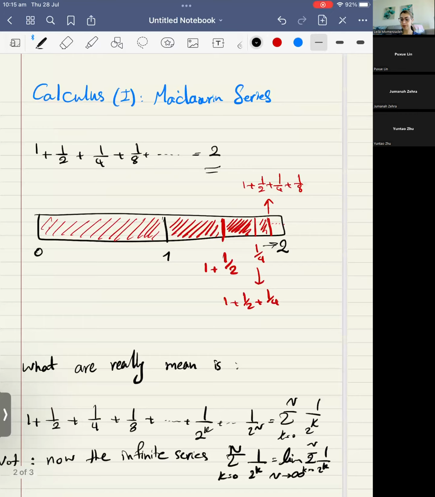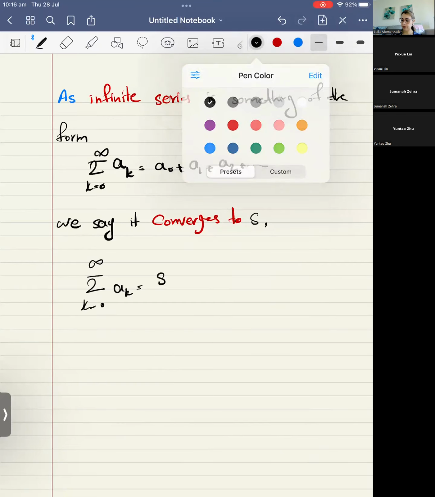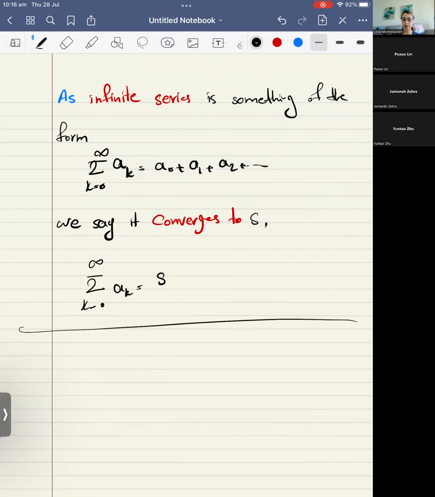But maybe for some series you don't have any answer, and the limit does not exist. For example, this series: 1 plus 1 over 2 plus 1 over 3 plus 1 over 4 plus something. The terms become very small, but the sum doesn't get close to any number. You don't have any limit for this series.